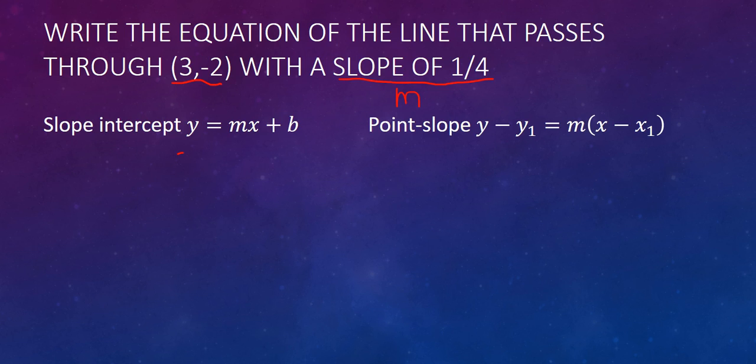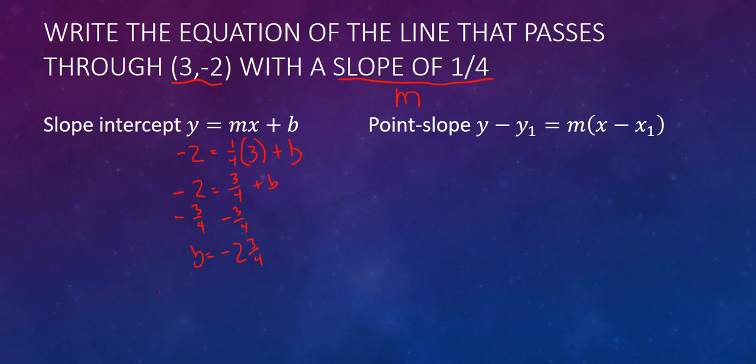So y is negative 2, m we said is 1/4, x is 3 for my ordered pair, and I still need to know b because this is not the y-intercept since the x value is not 0. So again, just do some algebra. 1/4 times 3 is 3/4. Subtract 3/4 from both sides of my equation, and I get b equals negative 2 and 3/4.